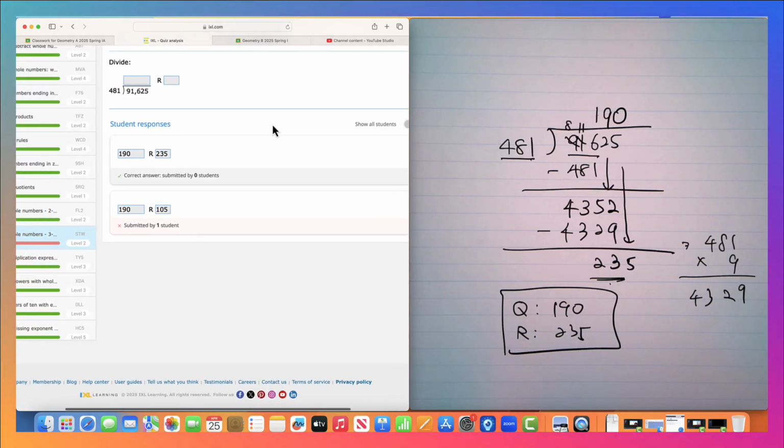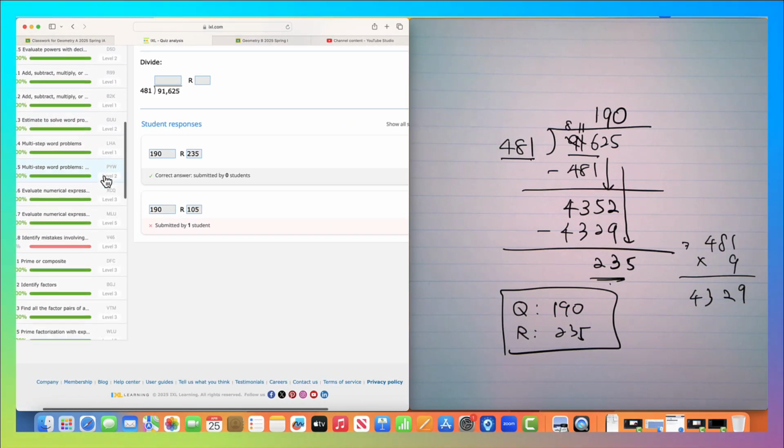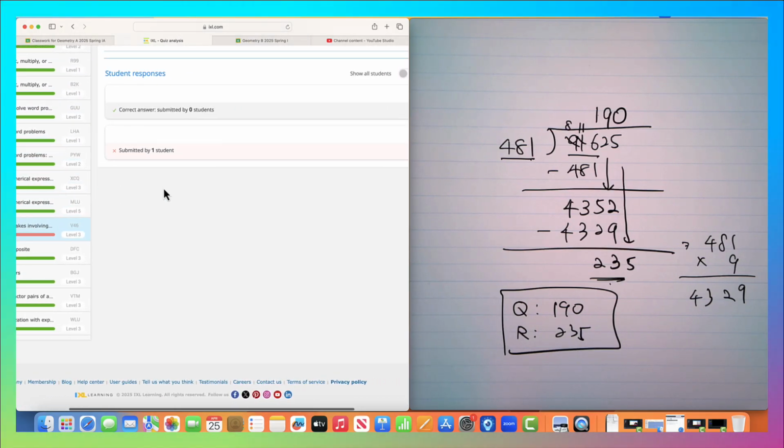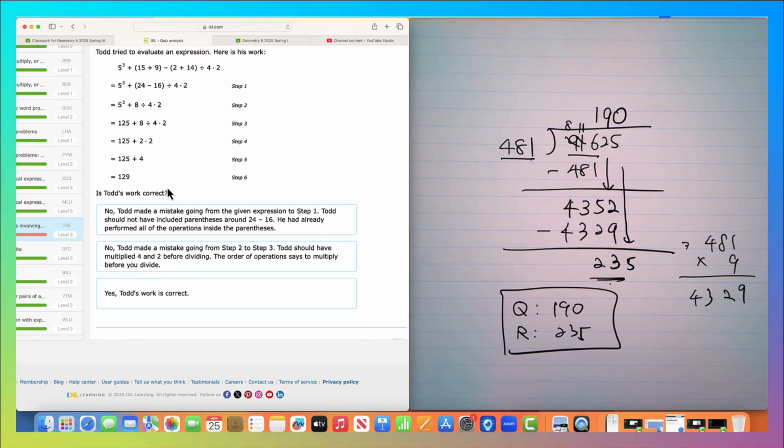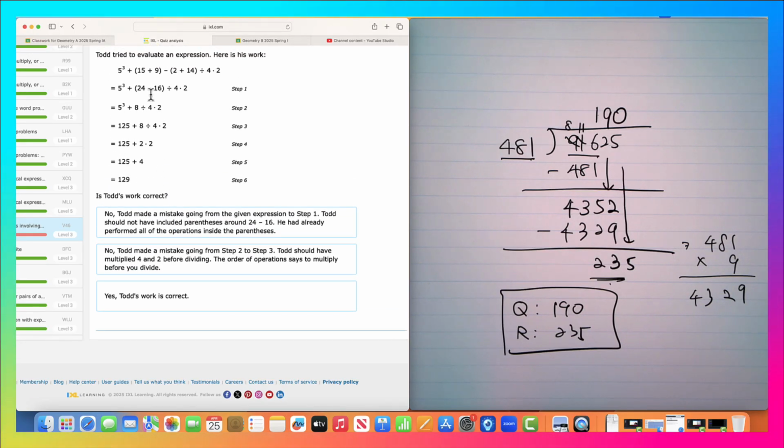Well, let's look at the next one. Okay, so we have the steps the student took, and we need to say if it's correct or not. So it's testing your order of operations.